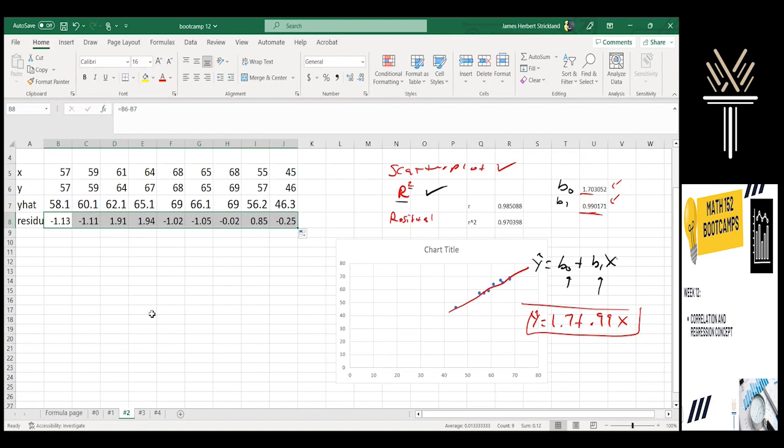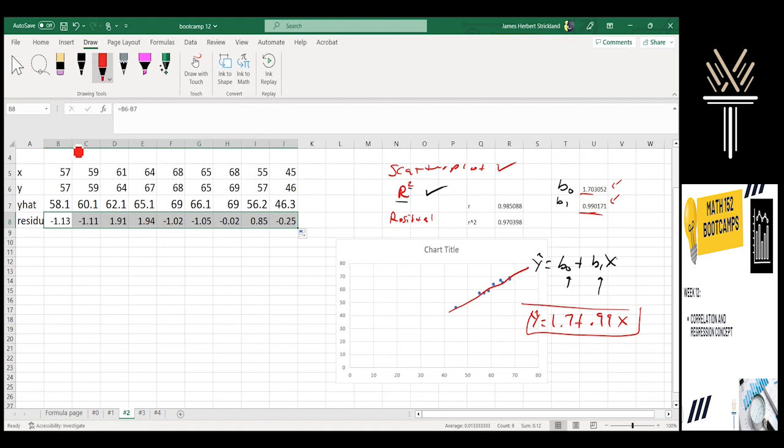So now that we have our residuals, what we want to do is just graph the residuals. But the problem is that we want to graph the residuals relative to x. And if you just try highlighting it, you're going to grab too many rows. We only want to grab this first row and that last row when we graph our residuals.